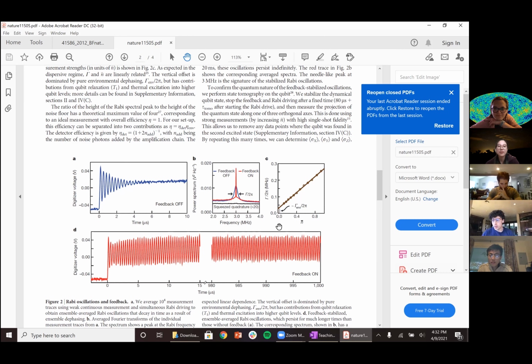But one thing is that this is sort of the first demonstration of a continuous weak measurement-based feedback. Not a feedback where you discretely measure the qubit state, you project it all the way to 0 or 1, and then you do something back to it. There's a continuous feedback loop that's running constantly.